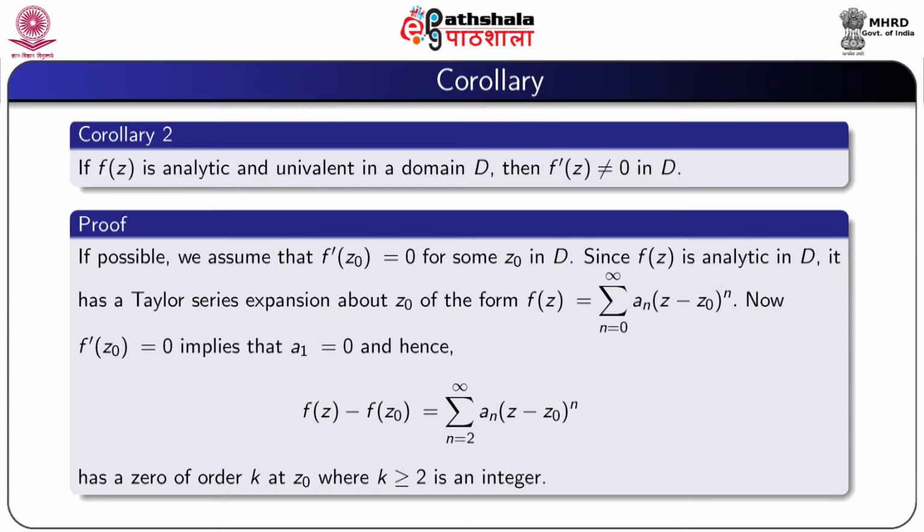Now, f dash z0 equal to 0 implies that a1 equals 0, and hence f(z) minus f(z0) equal to summation n equal to 2 to infinity a_n (z minus z0) to the power n has a zero of order k at z0, where k greater or equal to 2 is some integer.